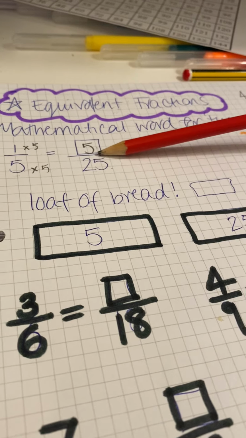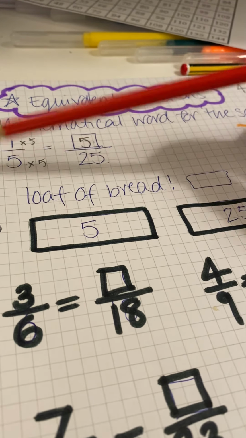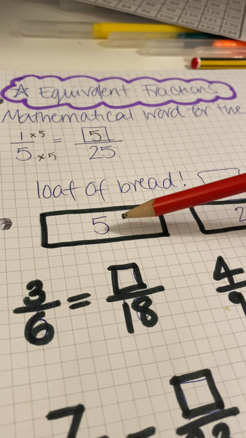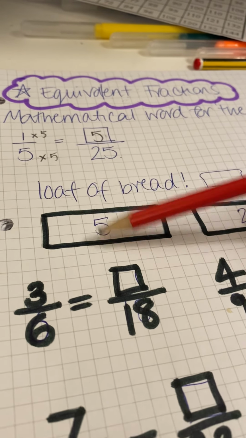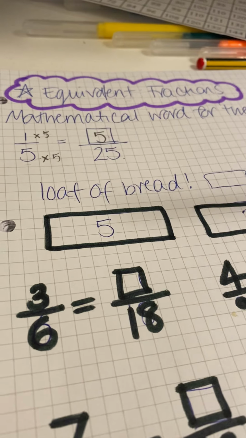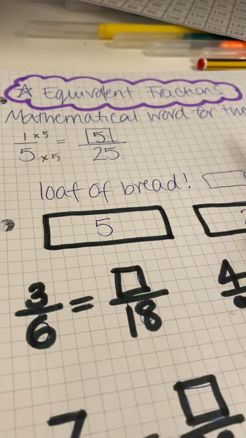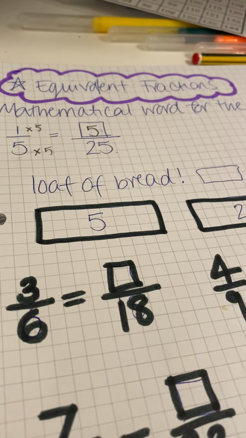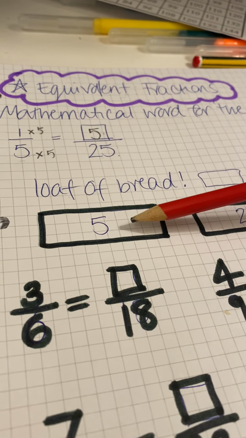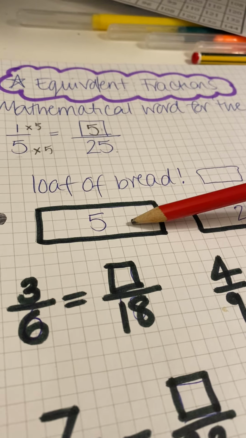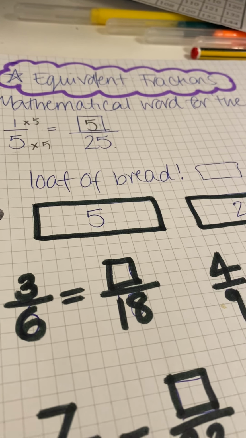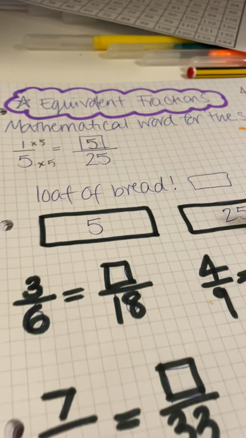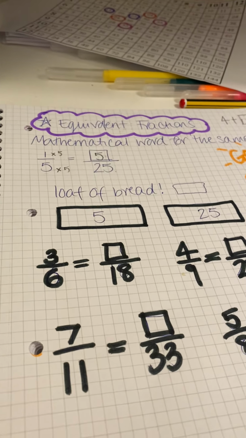Because it's an equivalent fraction, it means it's the same. One of my slices is the same as 5 of your skinny slices. So even though the fraction is different, it's the same amount. And that's just a kind of visual way to hopefully help them understand.